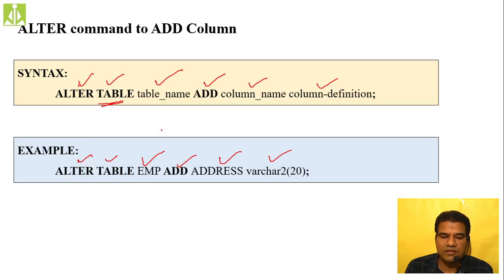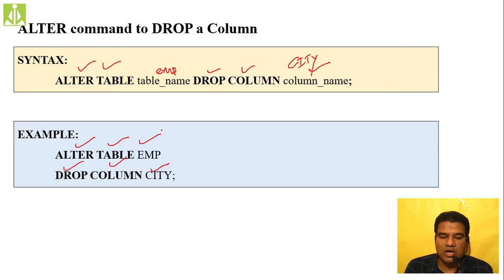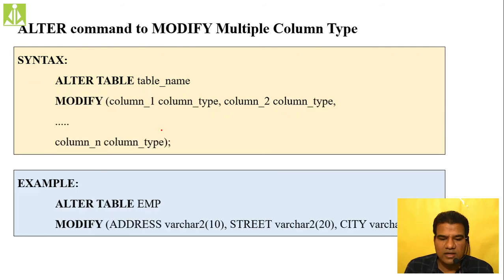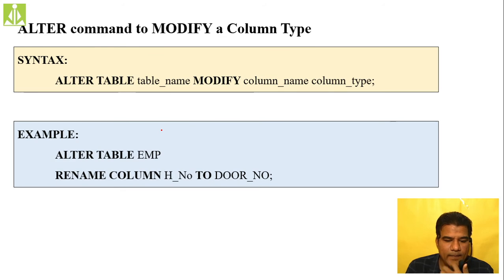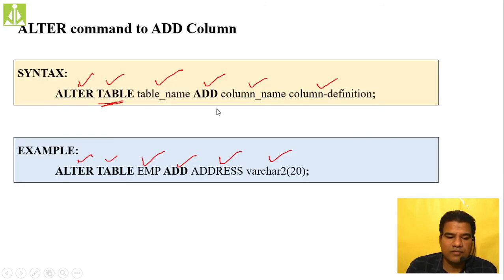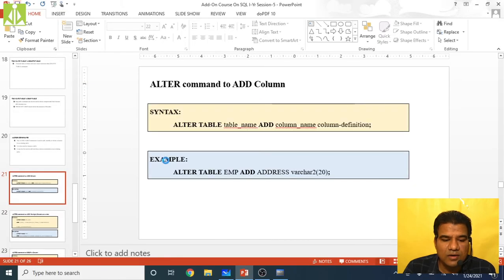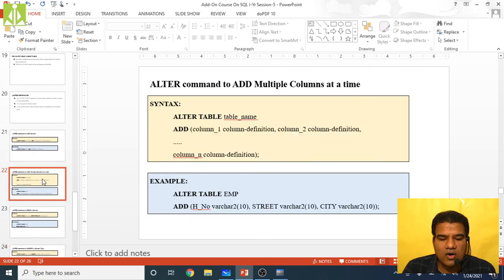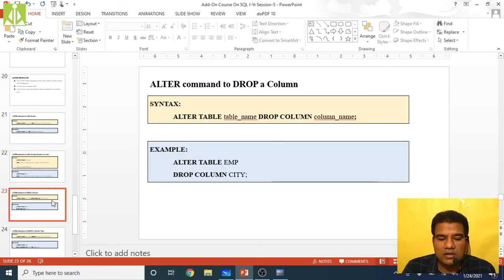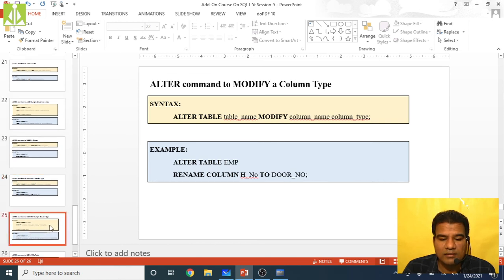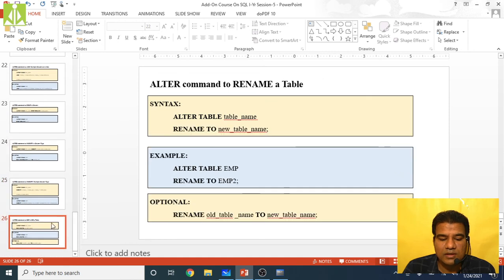This we have discussed: adding a column, adding multiple columns, dropping a column, then modifying a column type, multiple column types, renaming a table.